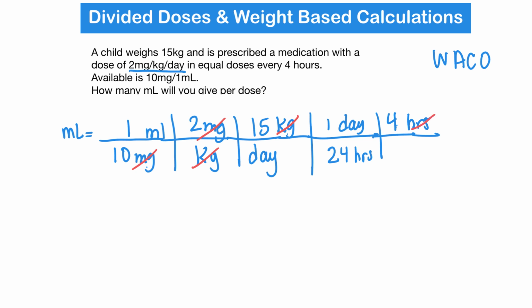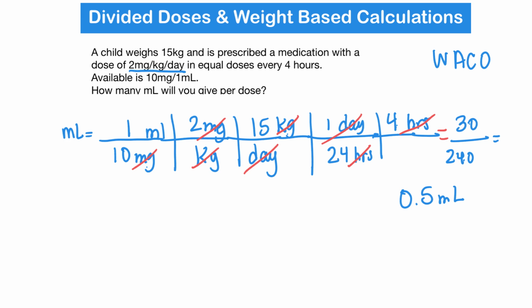Okay, so I can cross that out. So everything is crossed out. So my math should be good. So when you multiply across, you get 15 times 2 is 30 over 240. And that gives you 0.5 mLs per dose.